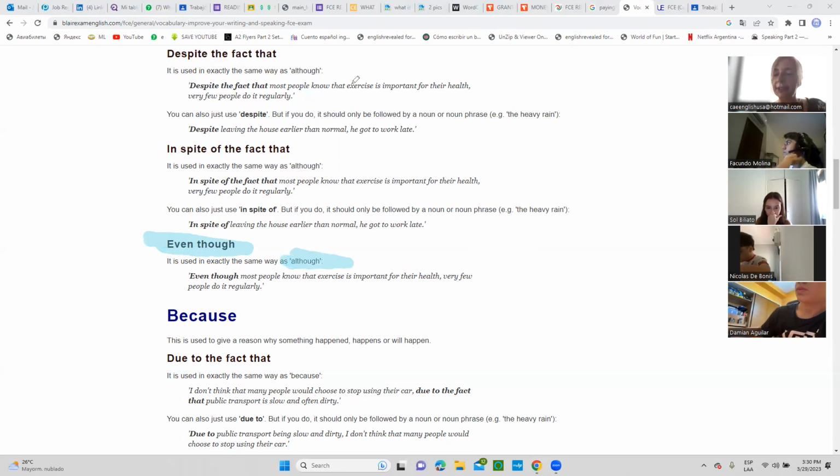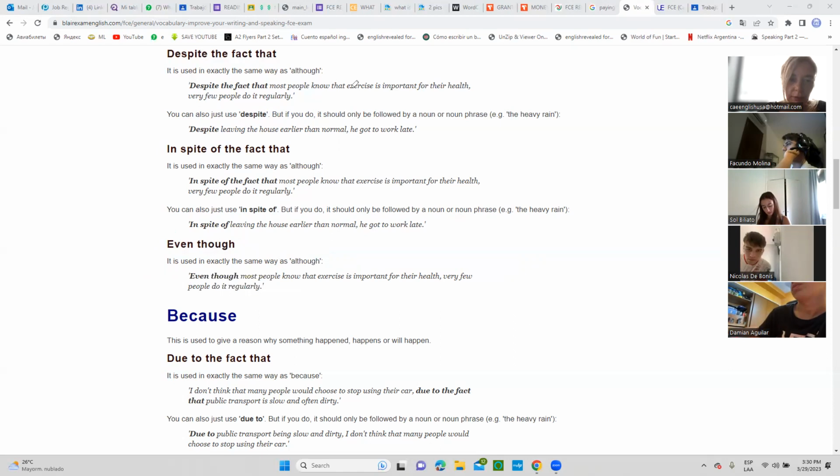Can you read the example, please, Damian? Even though most people know that exercise is important for their health, very few people do it regularly. Okay, so here we can put although. It's exactly the same. Exactly the same.